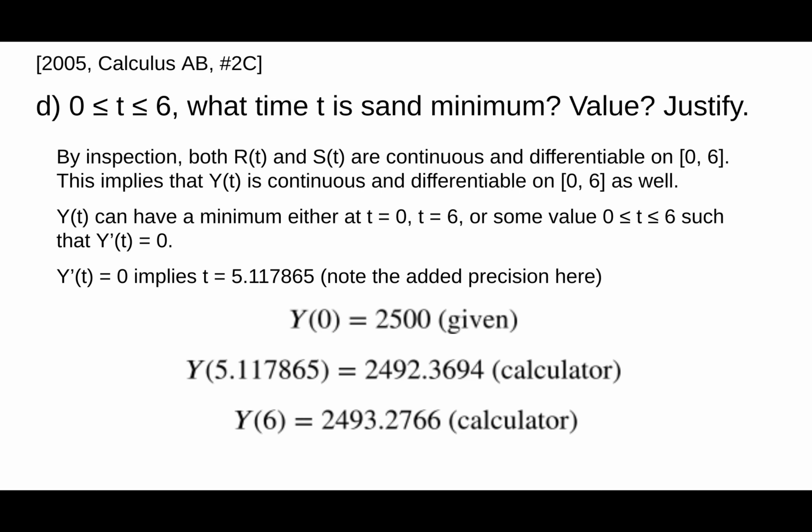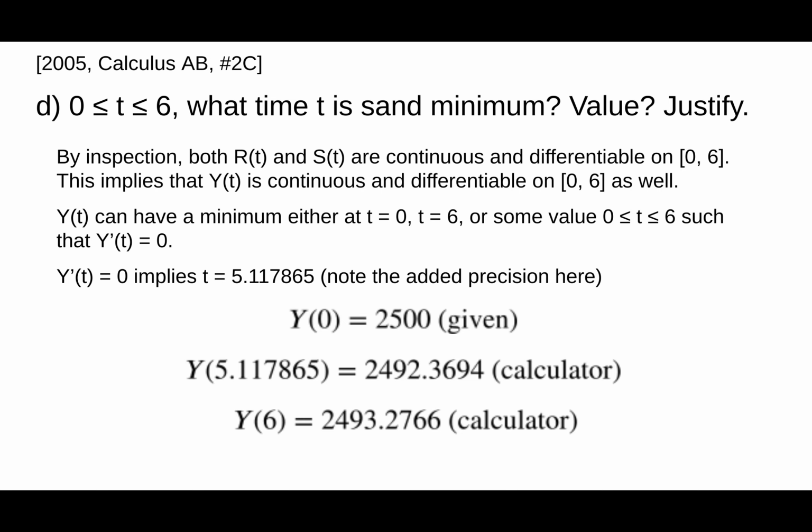All right, and now that we have all 3 of these values, it's just a matter of, well, which one is the smallest? Well, that would be 2,492.3694. And that occurs when t is equal to 5.117865. That value of t you could round to either 5.118 or truncate it to just 5.117. That would be fine. And then the minimum value you could round to 2,492.37.